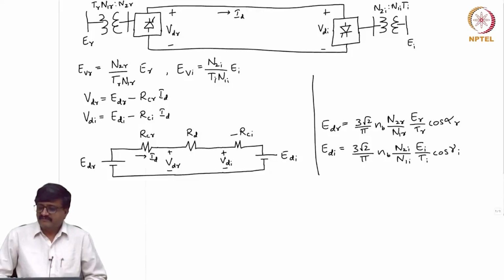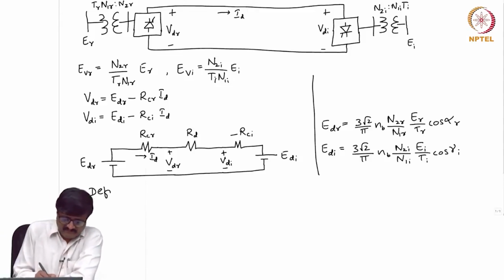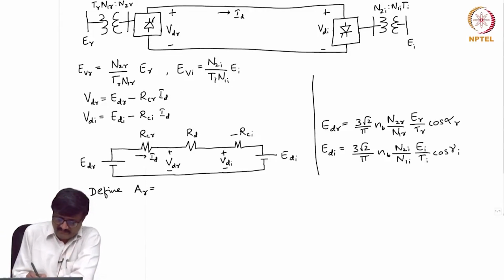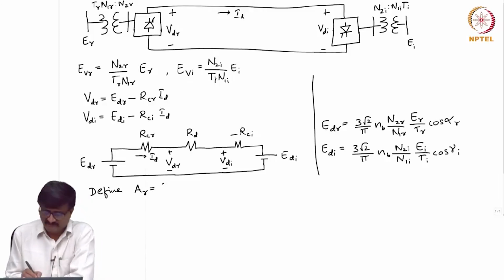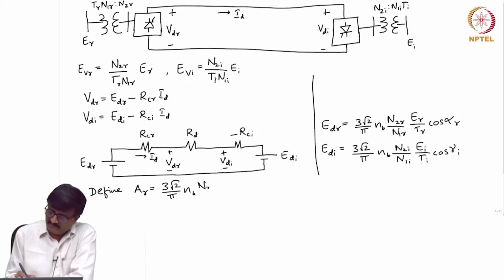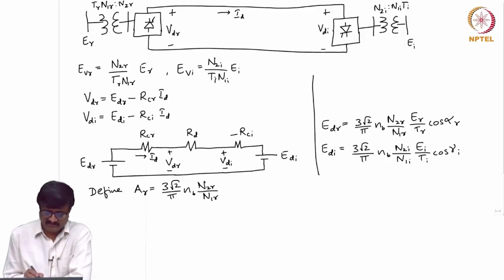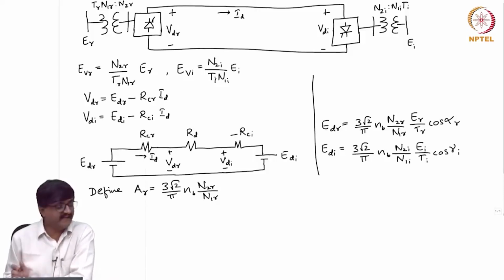Now, if you look at this expression for EDR or EDI, you will note that 3 root 2 by pi is a constant, NB is a constant, N2R, N1R are constants. Similarly, in the expression for EDI, 3 root 2 by pi, NB, N2I, N1I, they are all constants. So, I define a constant AR, A is just a constant, R subscript R means for rectifier, as 3 root 2 by pi, NB, N2R by N1R. Please note I put all the constants as one factor AR, that's all.